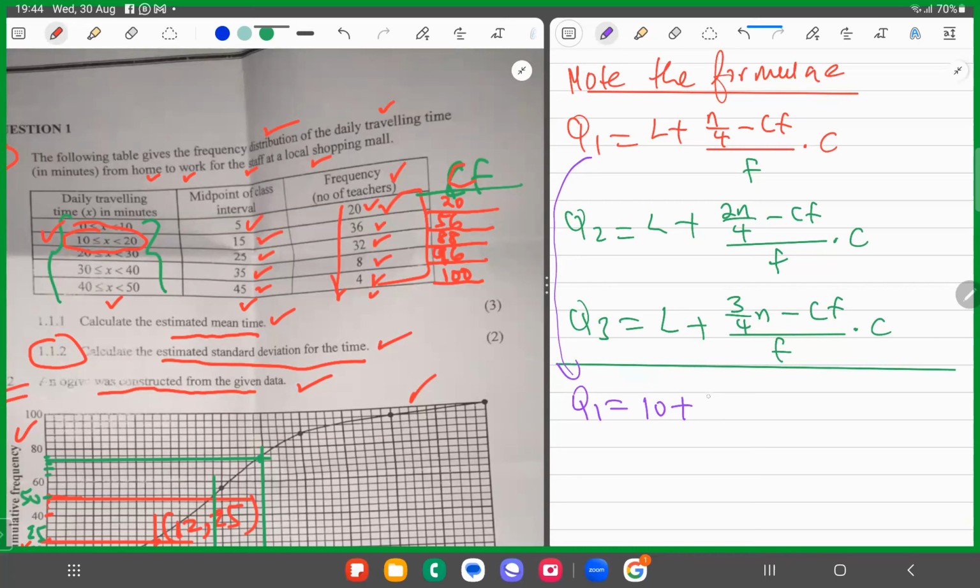What is 100 over 4? It is 25. Then the cumulative frequency value there. What is the cumulative frequency value in the preceding class?